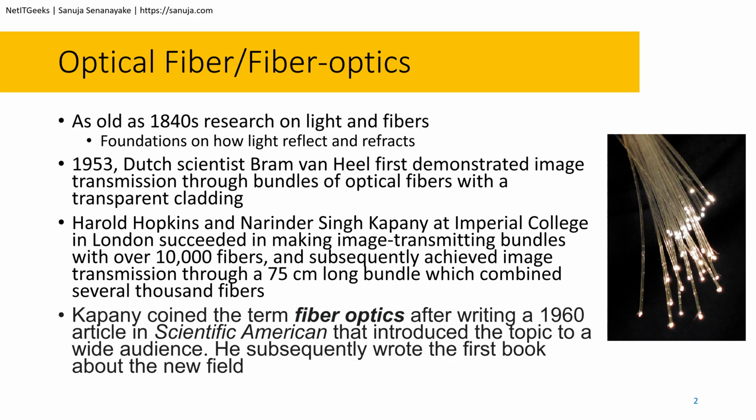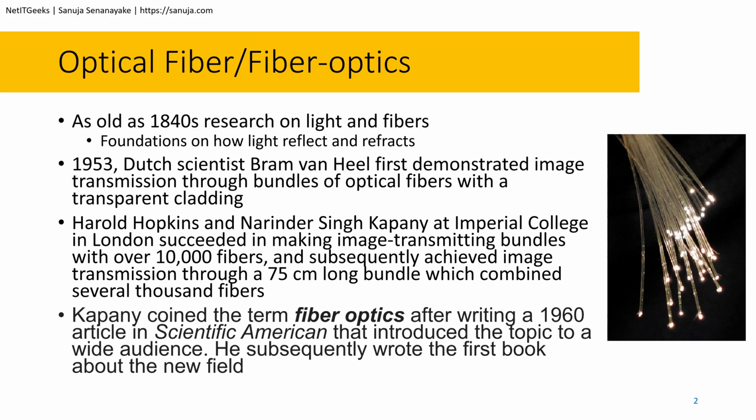In 1953, Dutch scientists first demonstrated image transmission through a bundle of optical fibers with a transparent cladding. What they were able to do is transmit an image, some kind of visual representation, through a bundle of optical fibers from a distance away from the position of the image.